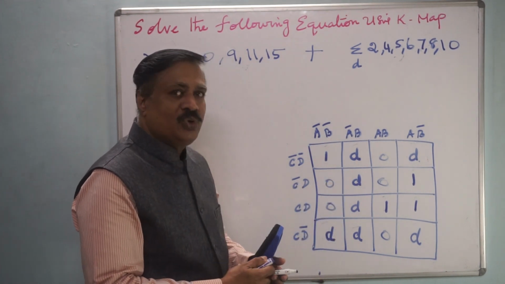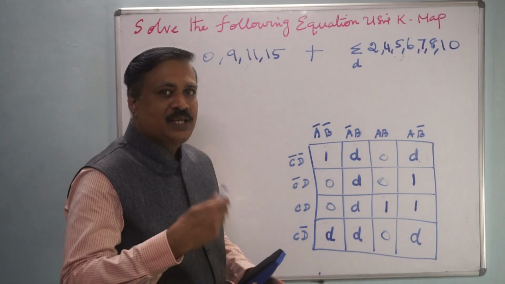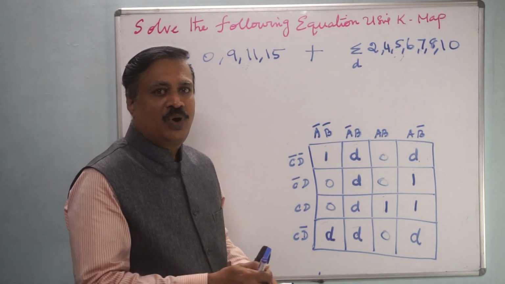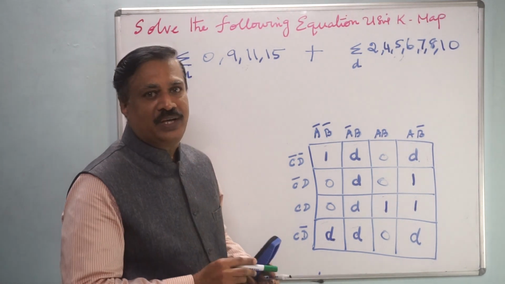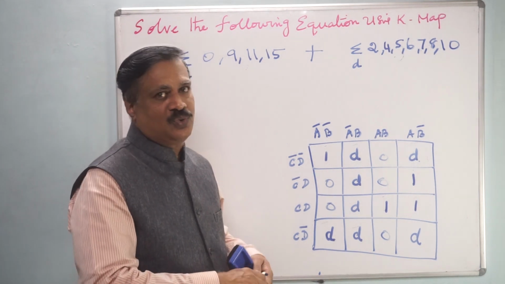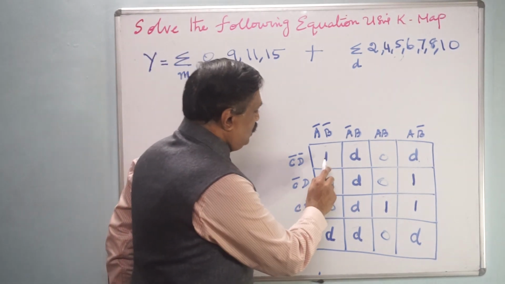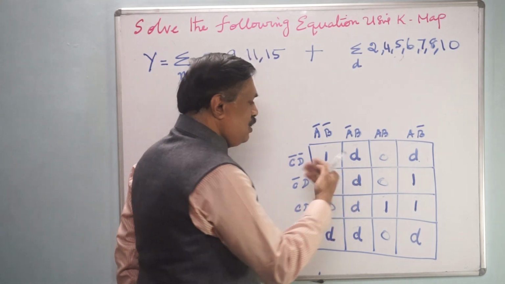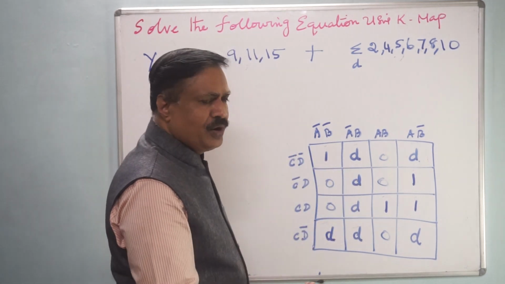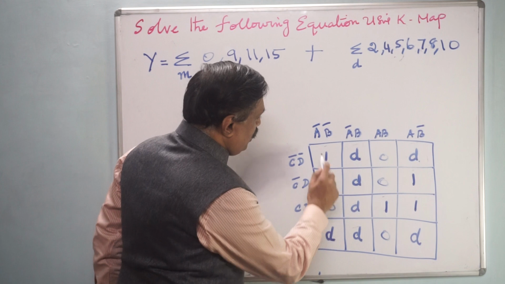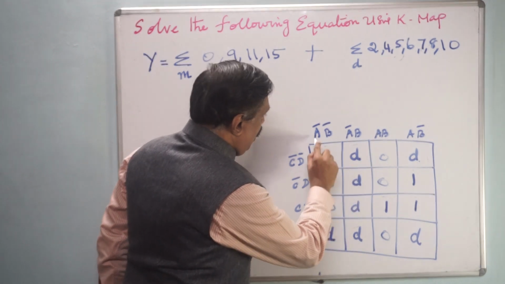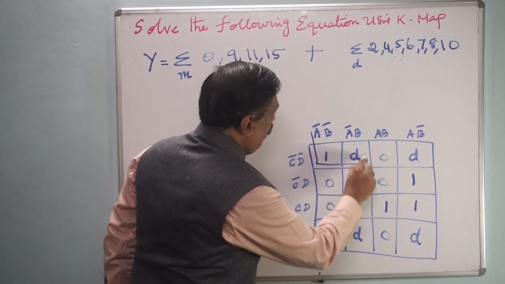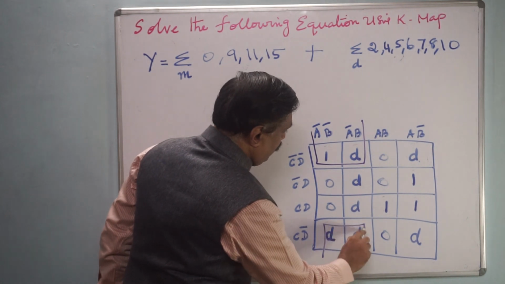I told you that you can use D as a substitute for 1, but it is not necessary to use all the D's. Now this 1 and D: this D can be used as a 1. And here also two D's. You can go for a pair of this, or you can go for a quad.